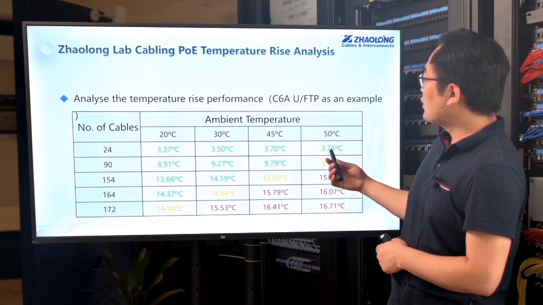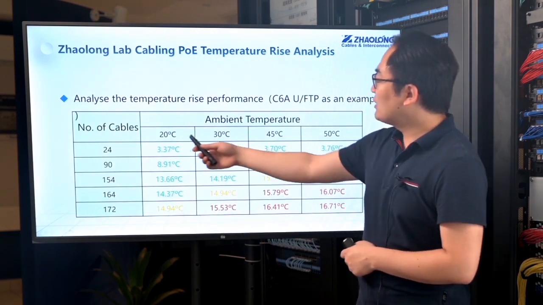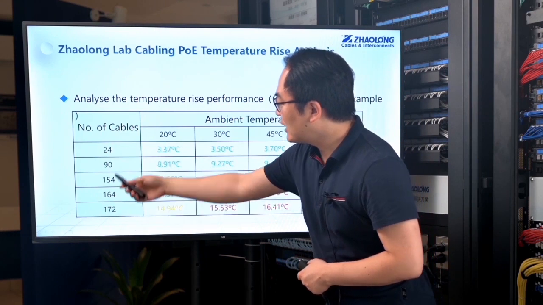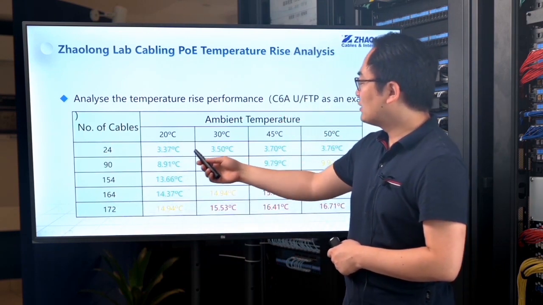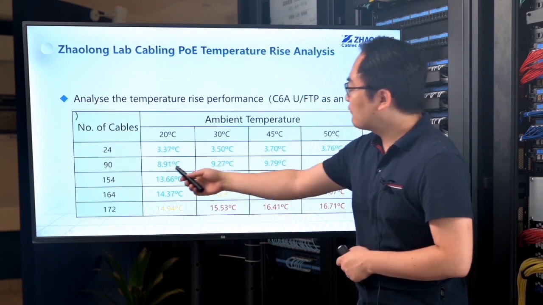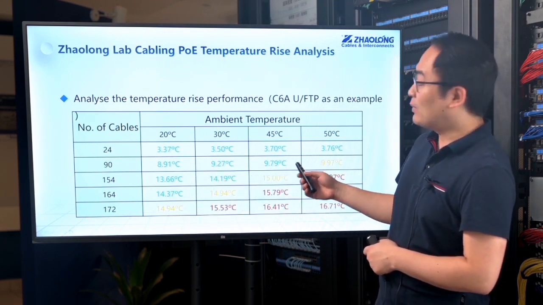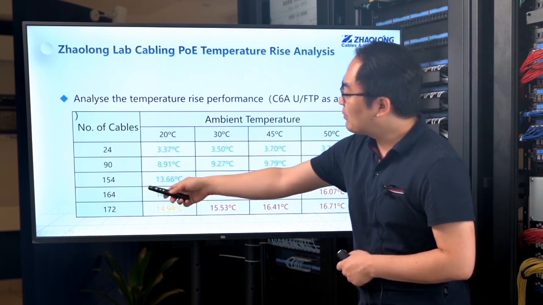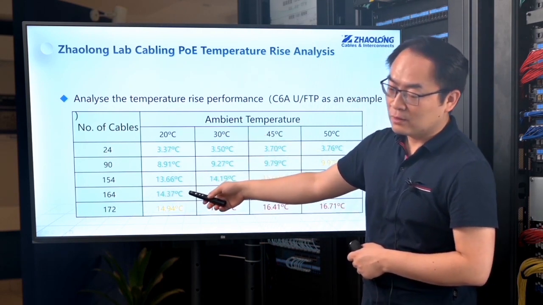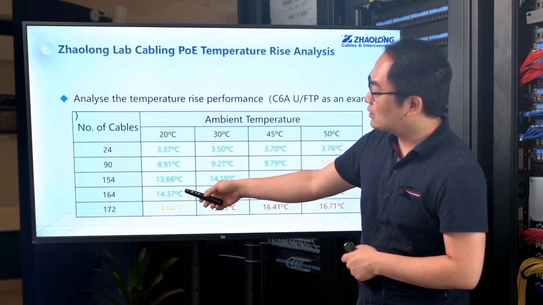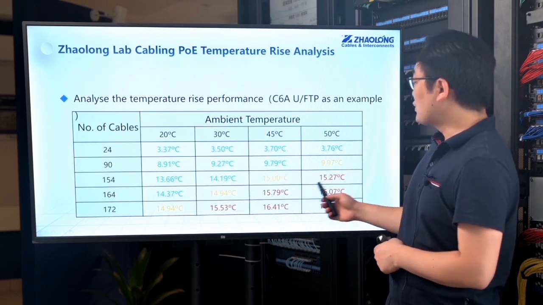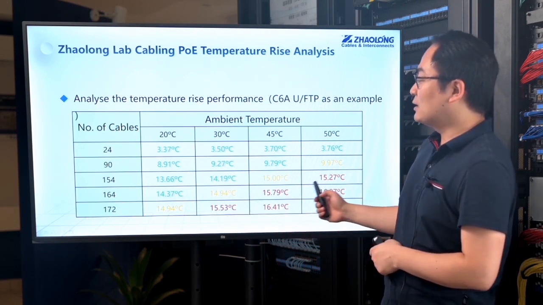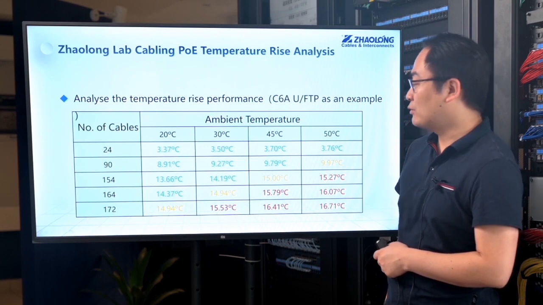Then you can see those numbers given different ambient temperatures and different numbers of cables in the bundle. Then you can record different temperature rises of the central one. For these green numbers, it means that with this combination, the central cable operates under 60 degrees. But those red numbers mean the central one operates above 60 degrees, which we do not recommend.